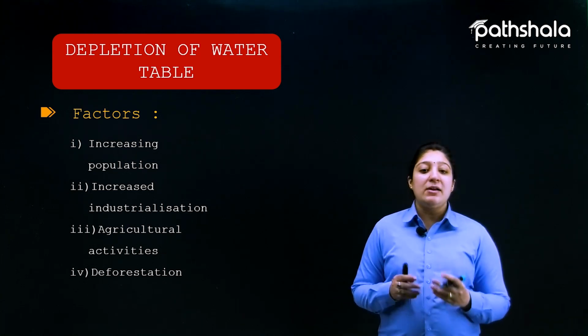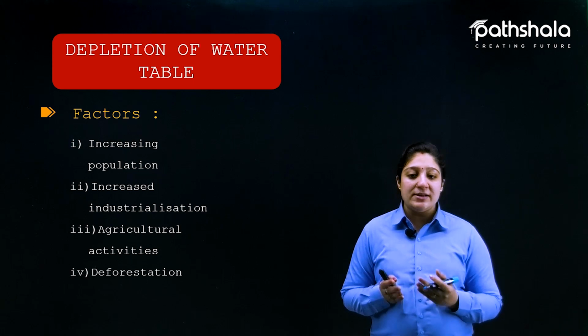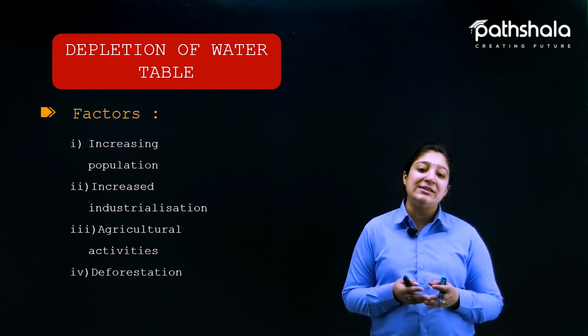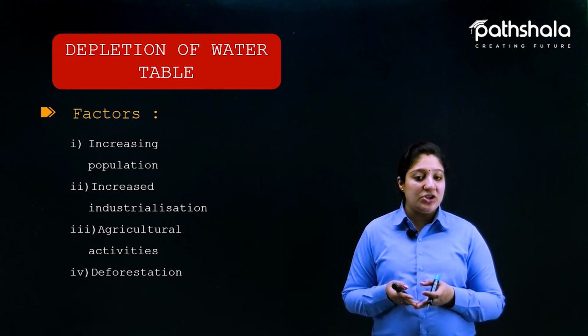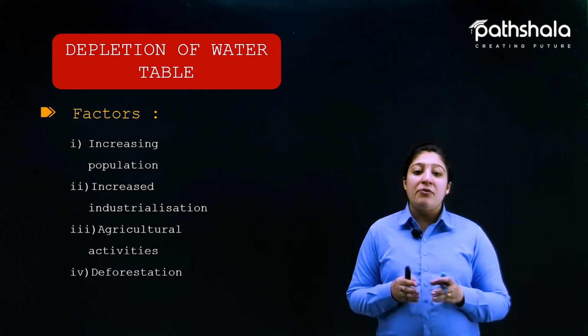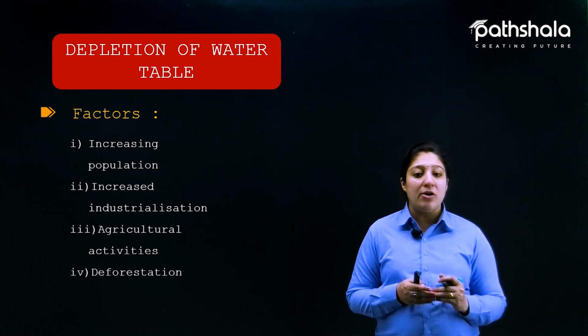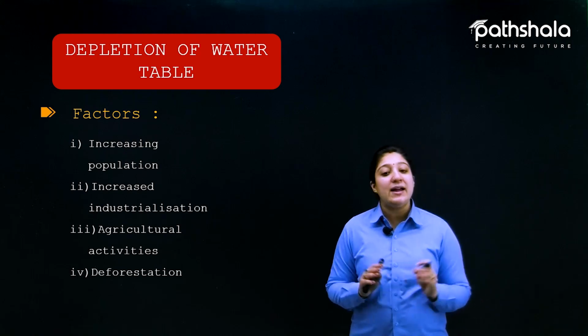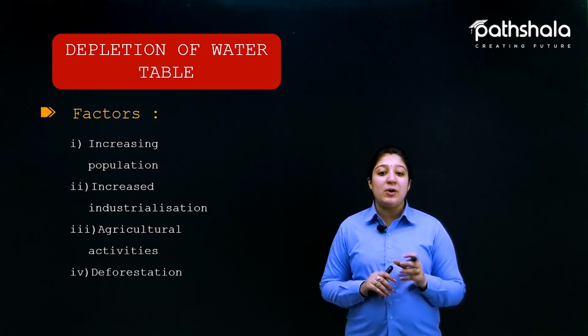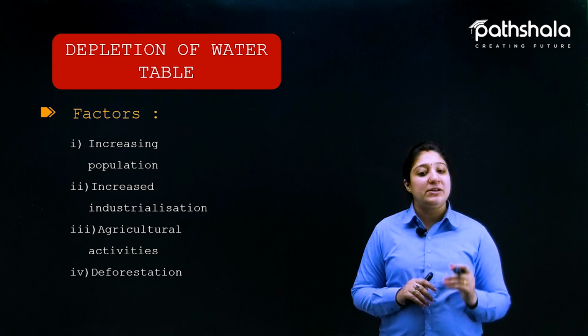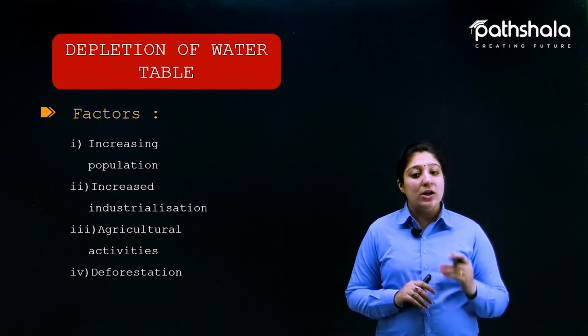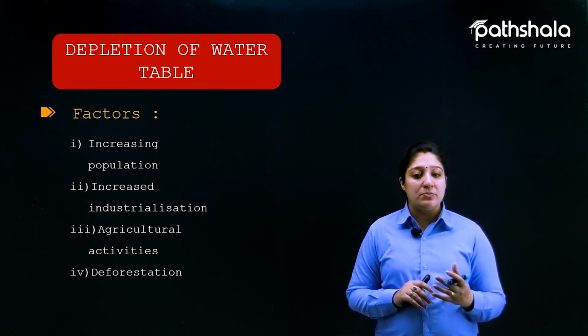More and more deforestation is done to give houses or land to the population. So the area for the infiltration process of rainwater into the land is very small, and as a result less water seeps into the ground, and thus the water table is not recharged properly.